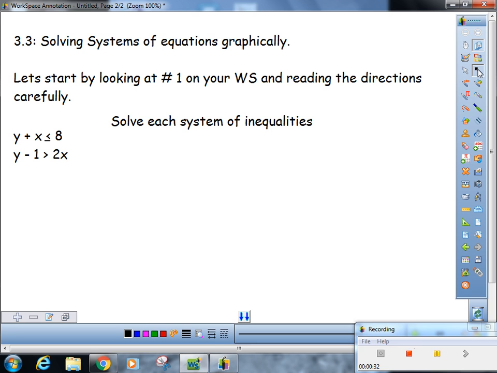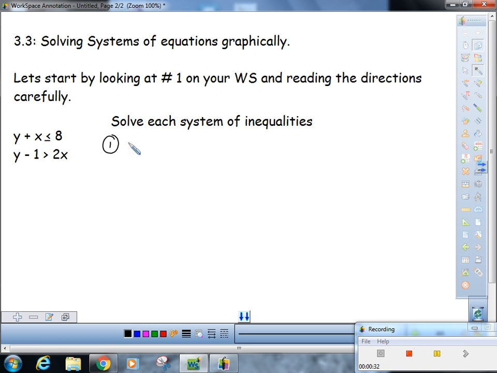Obviously, you guys know that. A system just indicates that there are more than one thing going on here. There will eventually be three, just so you know, in this assignment. We start with two. And inequalities are equations that involve less than or equal signs, okay? So here's what we want to do on these.